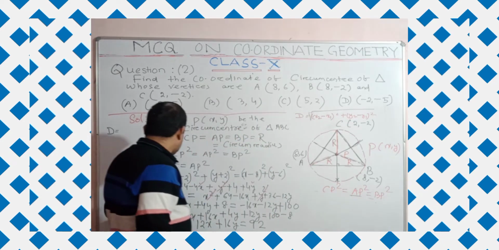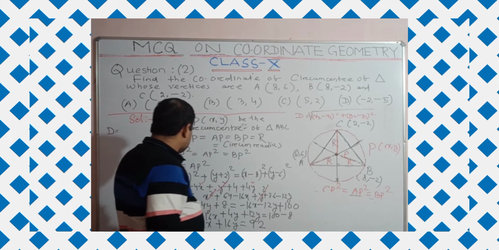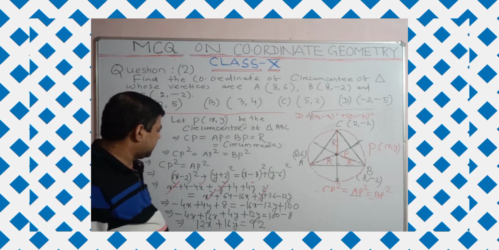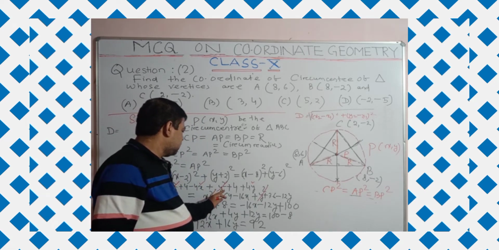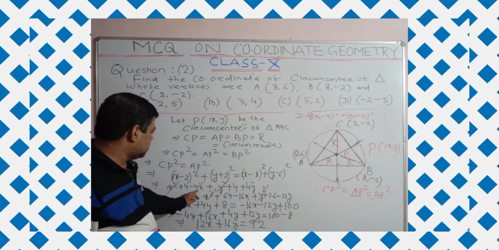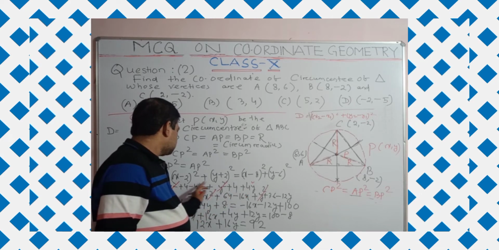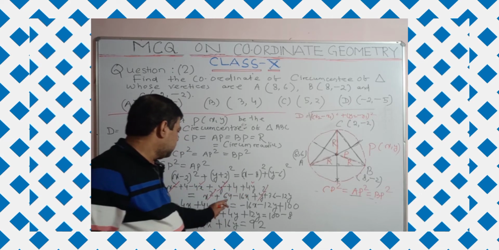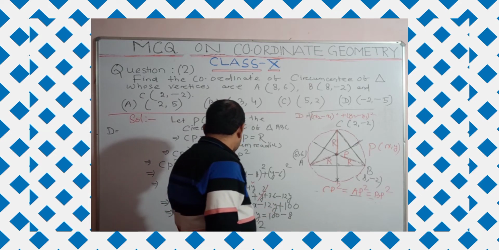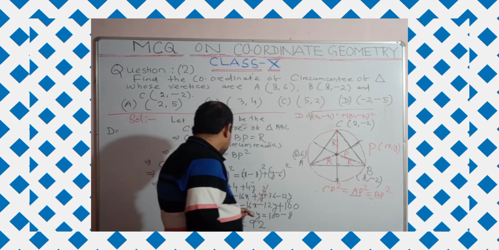Correct. Here plus x square on both sides, the same term will be cancelled. Plus y square in the LHS and plus y square in the RHS is cancelled. After cancellation it is minus 4x plus 4y, here plus 4, 8. And here minus 16x, minus 12y. 64 plus 36, 100.